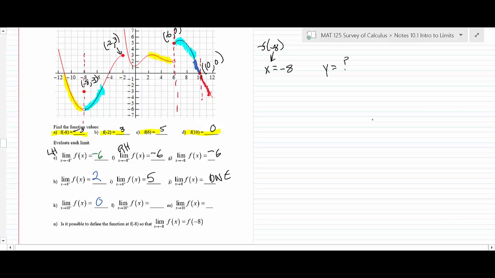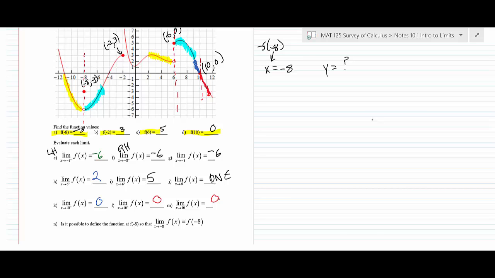Same place, 0 again. What's the two-sided limit then? 0. Now see, here's how that theorem goes. If the left and right-hand limits are the same, then that gives you the answer to the two-sided limit. If they're different, what do you get on the two-sided limit? Doesn't exist. That's how it goes.